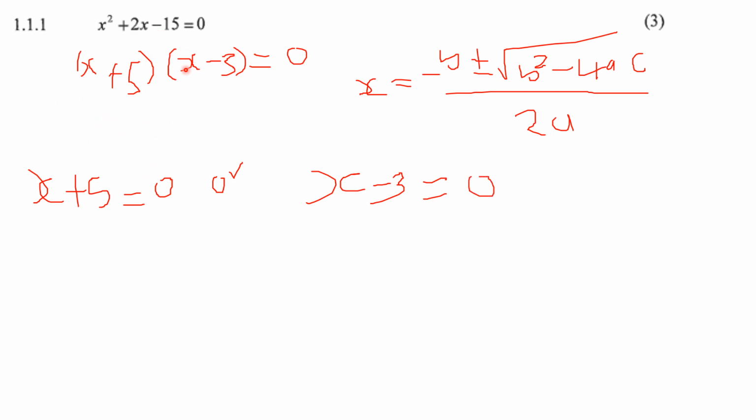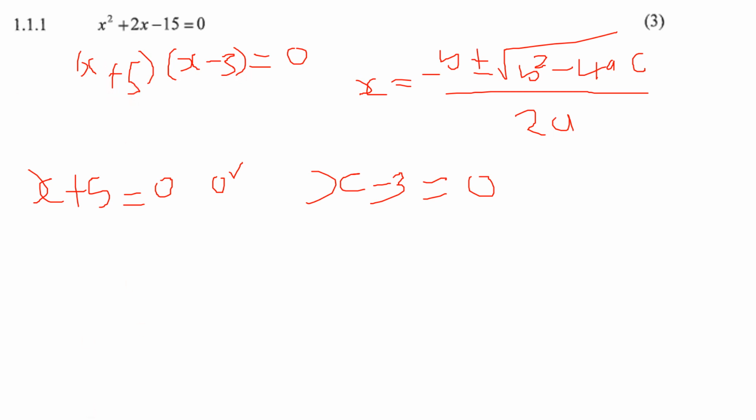What is on the left of the equation is equal to 0, which is what is on the right of the equation. If this number here is 0, that means it will be 0 multiplied by x minus 3, so the whole thing will be 0. And also if x minus 3 is 0, it will be 0 multiplied by x plus 5, so everything will be 0.